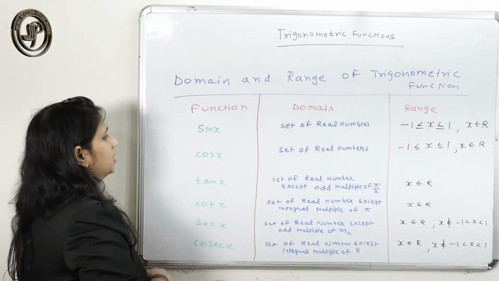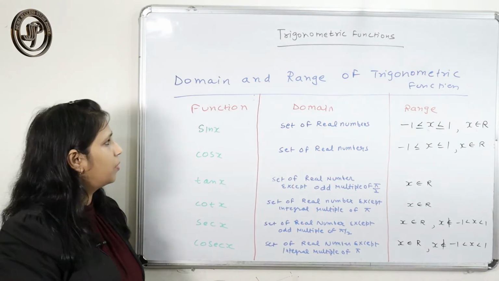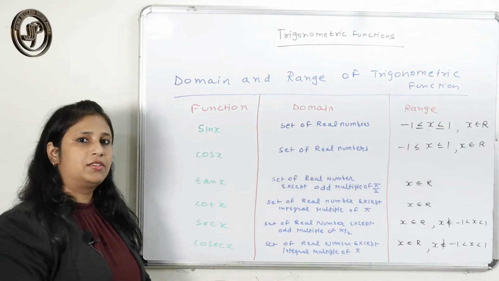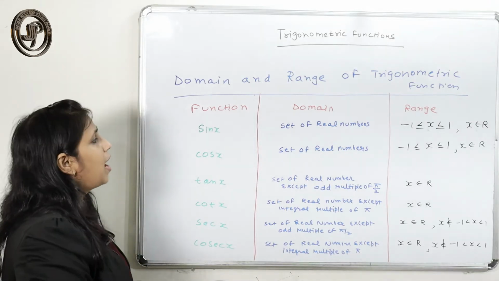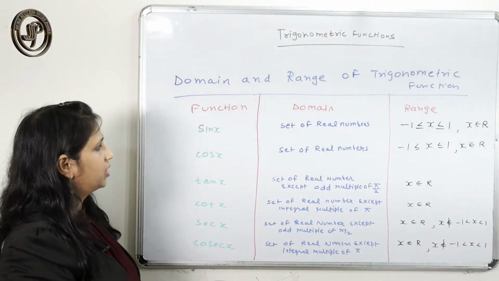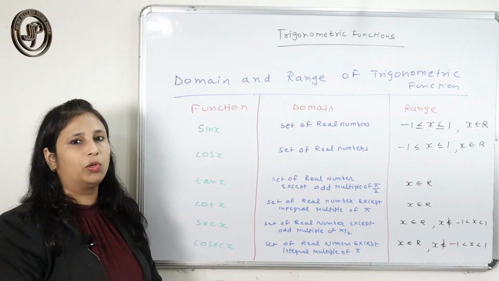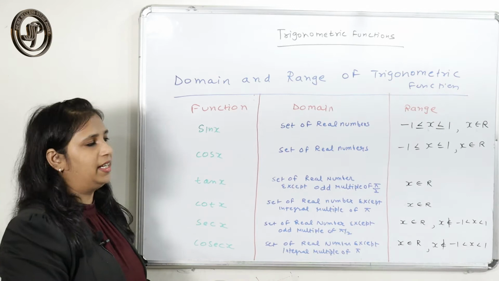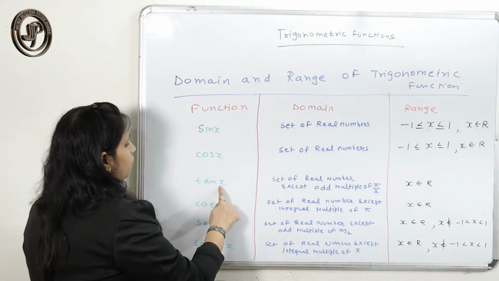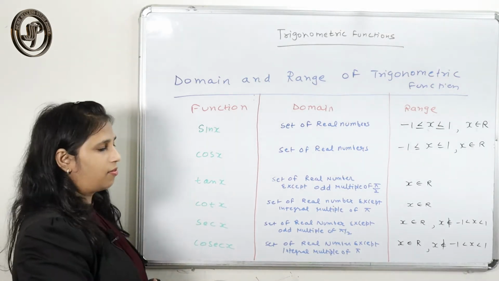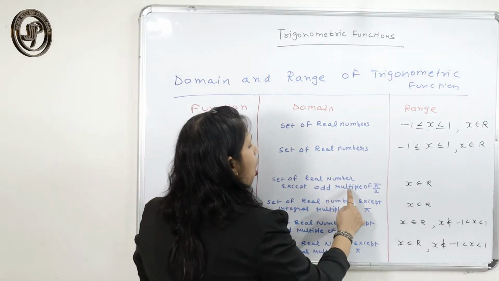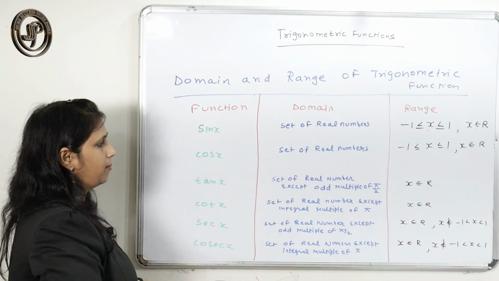Cos x: the domain is the set of all real numbers. It is defined for all real numbers, and the range for cos x is -1 to 1, including 1 and -1, where x belongs to any real number. Tan x is defined for the set of all real numbers except the odd multiples of pi by 2.